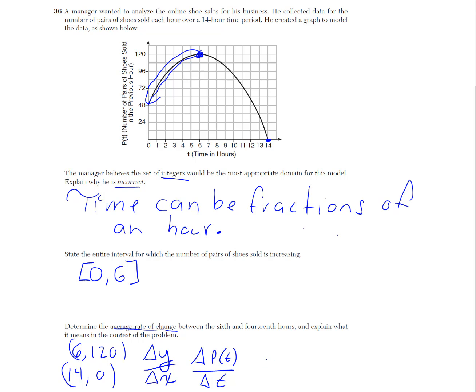So our output values, we're going to do 0 minus 120, and that 120 corresponds with 6 hours, 14 corresponds with 0. So when we subtract, we get negative 120 divided by 8, which gives us negative 15.